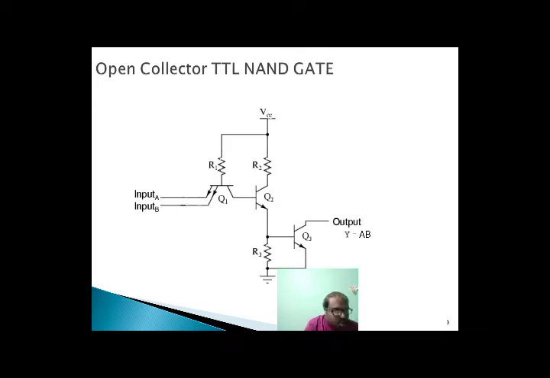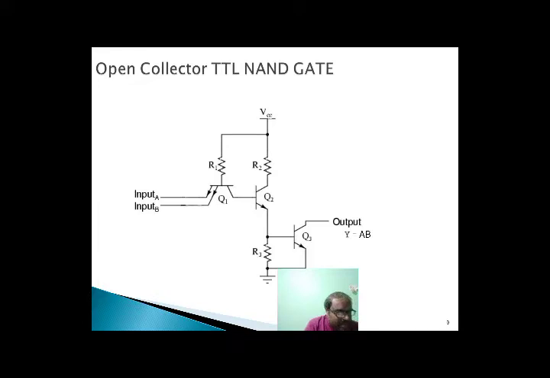Second condition, when both the inputs are high. The base-emitter junction of Q1 is reverse biased and its base-collector junction is forward biased. This permits current through resistor R1 and the base-collector junction of Q1 into the base of Q2, driving Q2 into saturation.